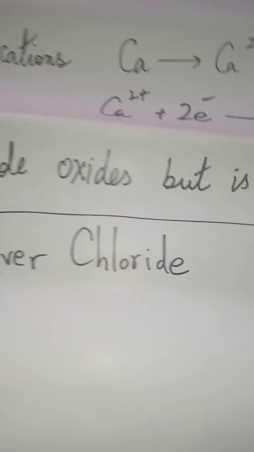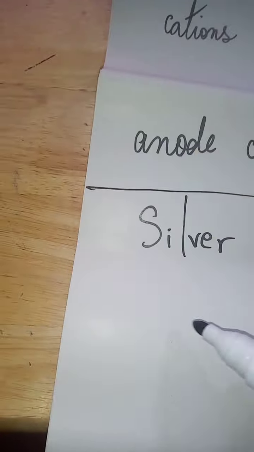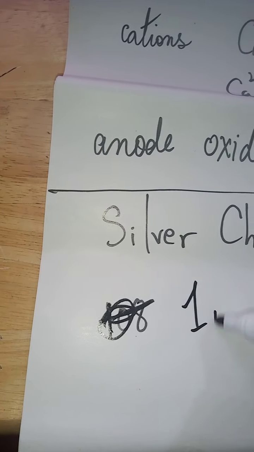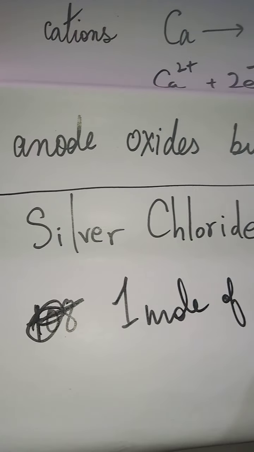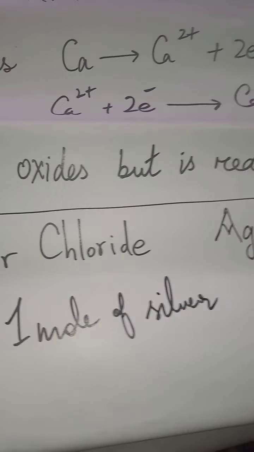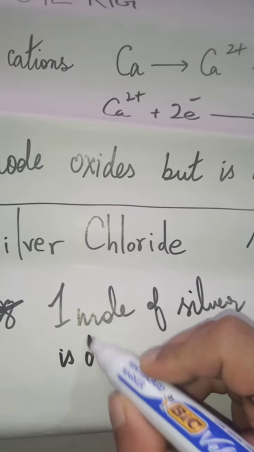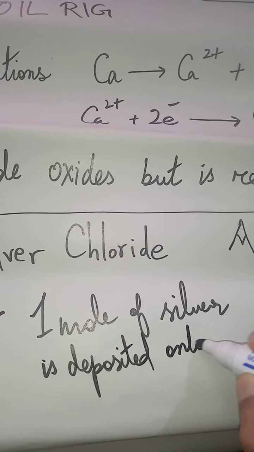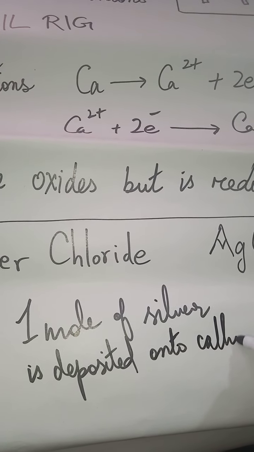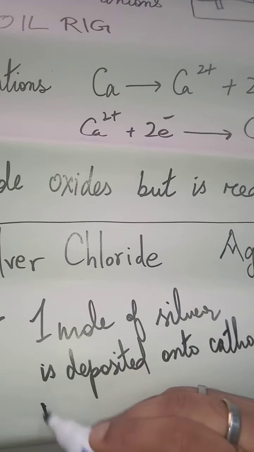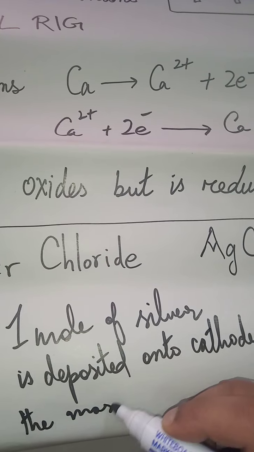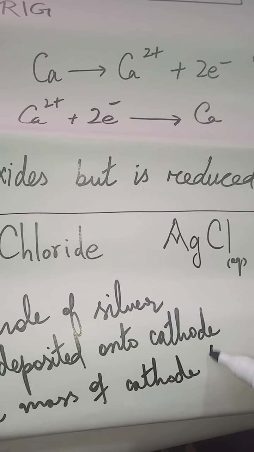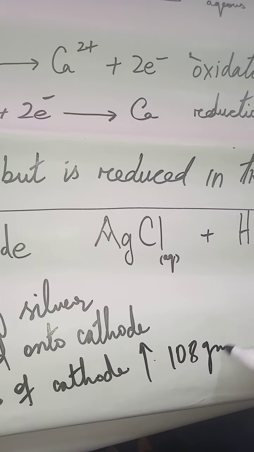When silver goes to the cathode, when 1 mole of silver is deposited onto the cathode, the mass of the cathode goes up by 108 grams.